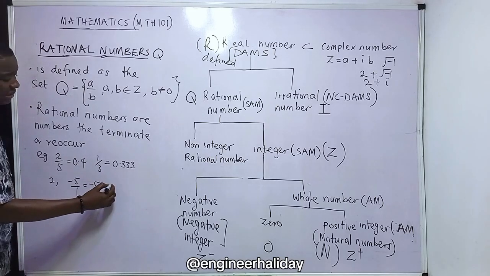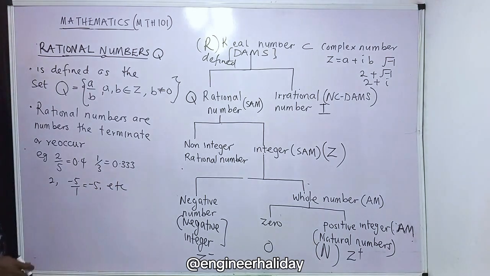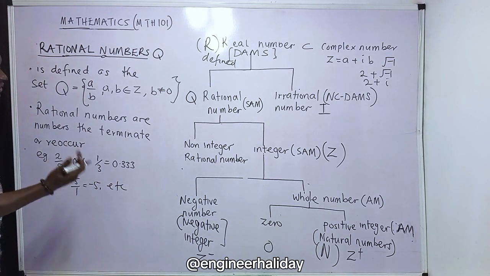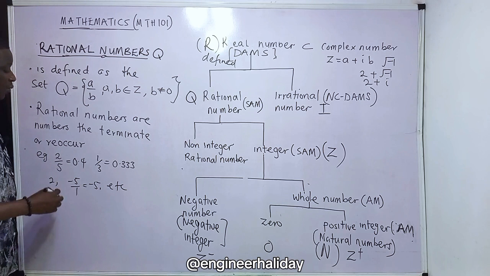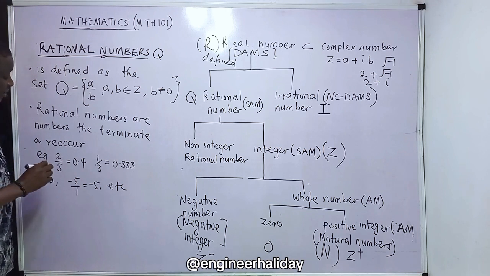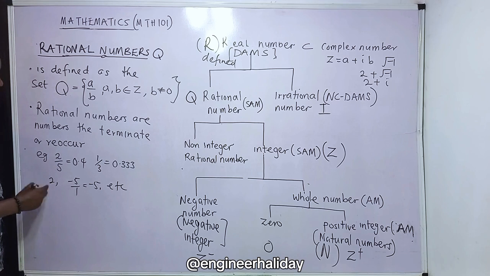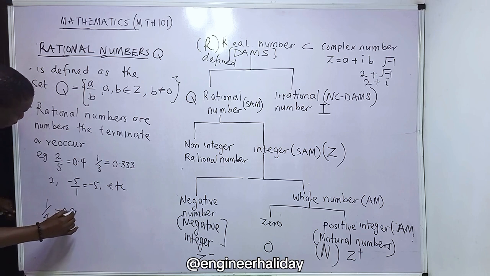So any number that recurs, that is, repeats itself, is a rational number. But what about one that terminates? For example, 1 over 4 is simply 0.25, which terminates.